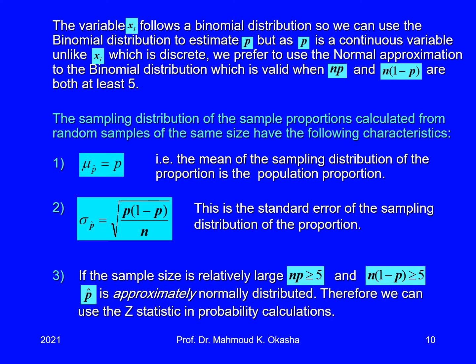So p hat will be approximately normally distributed. So we can safely use the normal distribution approximation for p hat.